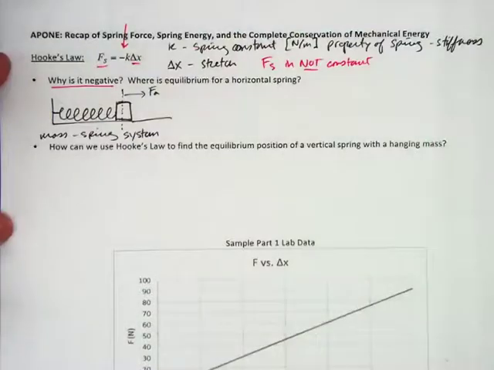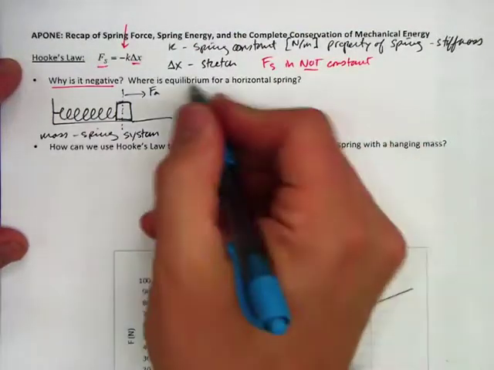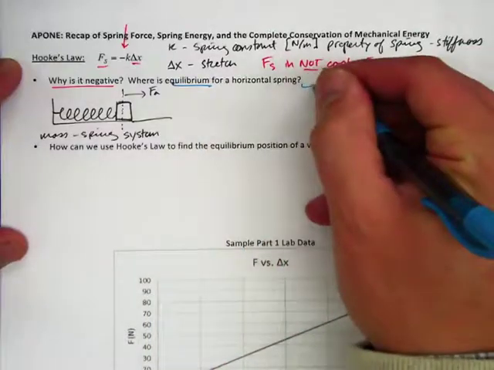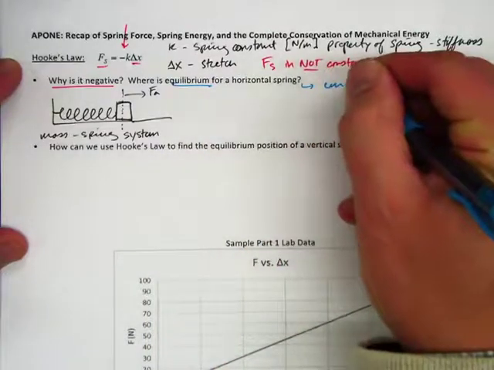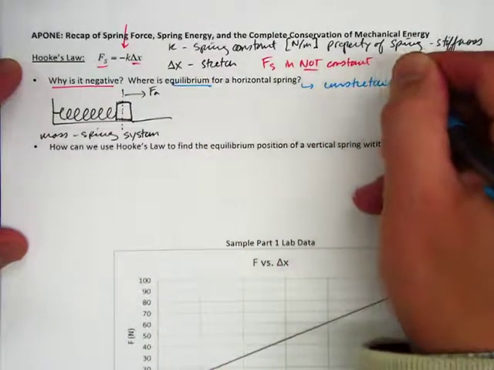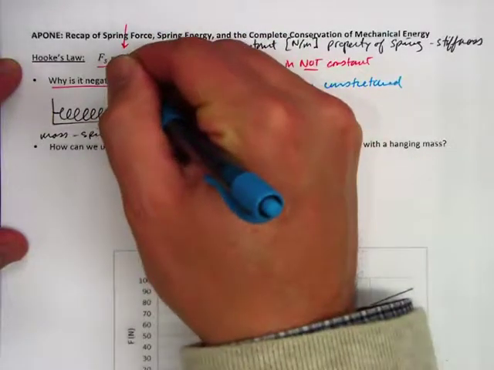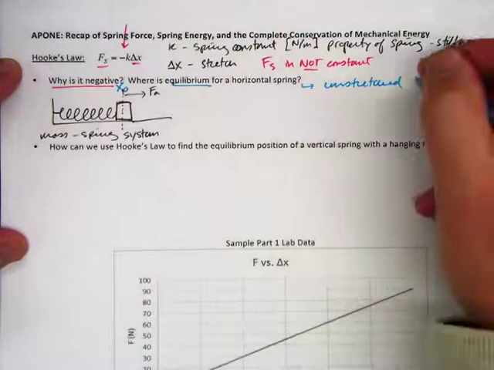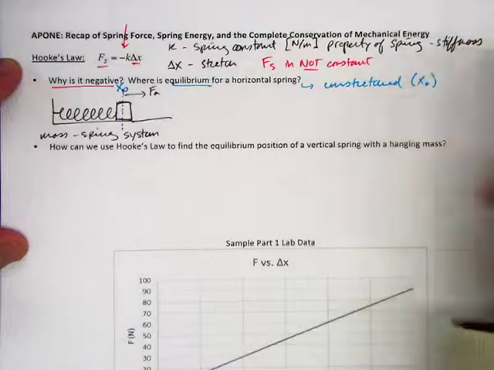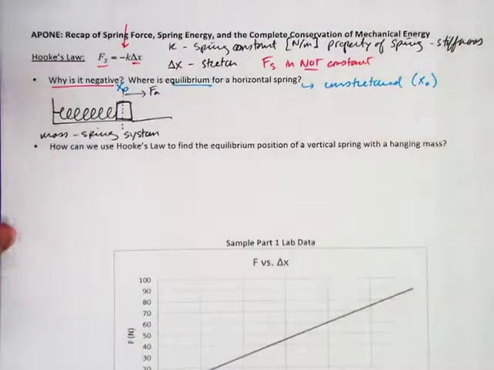Now first of all, where is the equilibrium position? Equilibrium for a horizontal spring will occur when it's unstretched. So at this spot here, let's call this x sub naught. The x sub naught unstretched length is my equilibrium position for a horizontal spring.